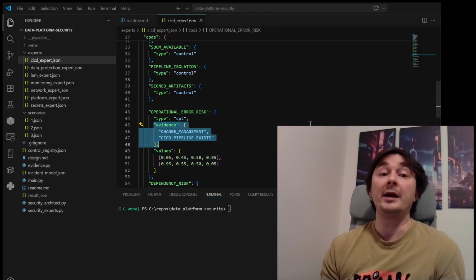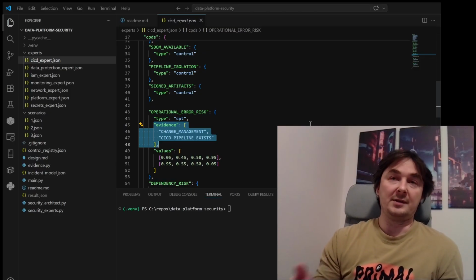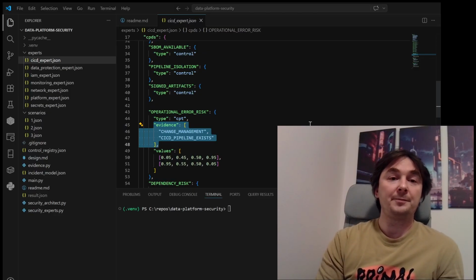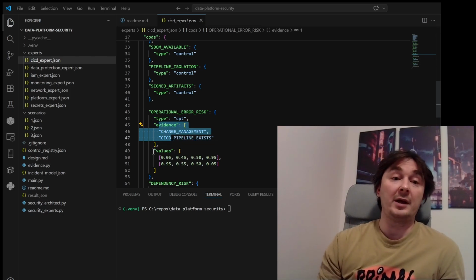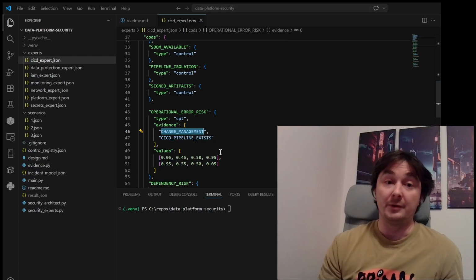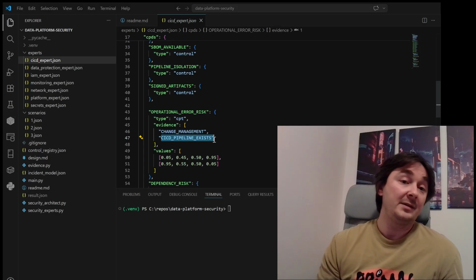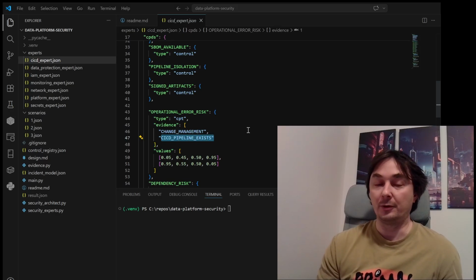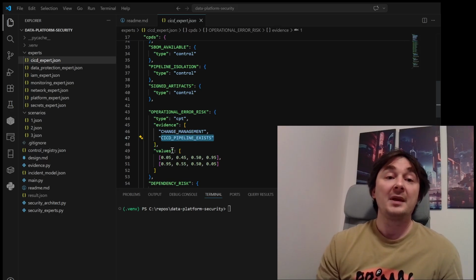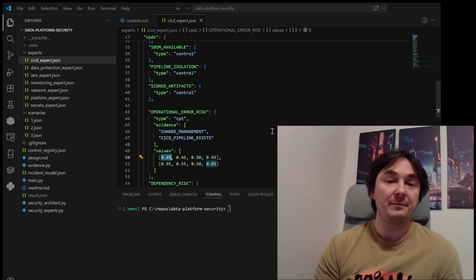The evidence are the nodes that this one depends on. So this is the end result of my expert, and based on that evidence we can calculate the values. If the change management control is not implemented, so it is set to false or 0, and the CI/CD pipeline exists control is set to 0 as well, then we can infer that the probability of this operational risk being false is 0.05%.